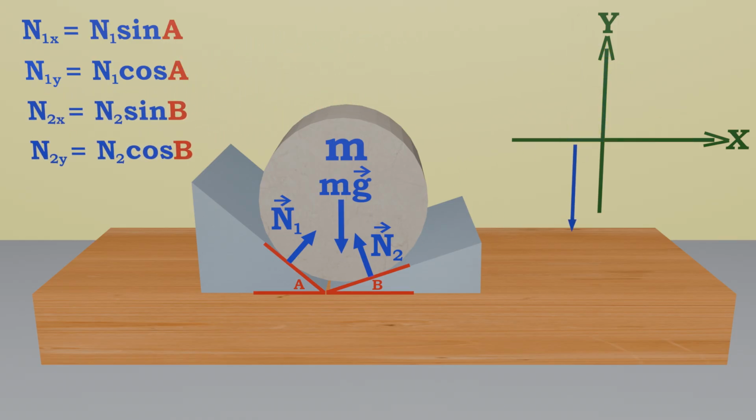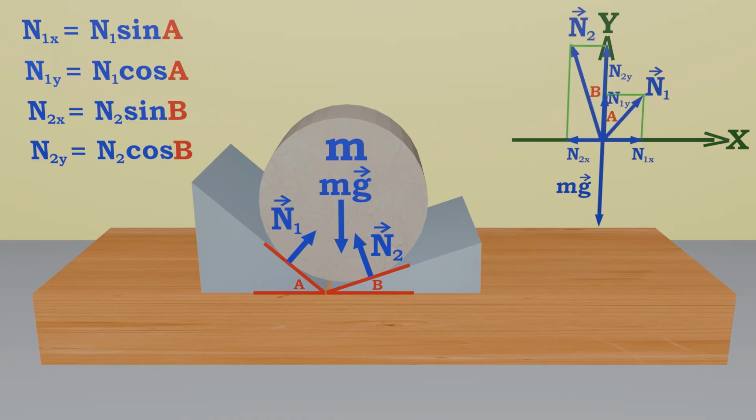The gravitational force mg acts along the y-axis, so the magnitude of its projection equals the magnitude of the vector itself. Now that we know the components of the forces along both axes, we can apply Newton's second law in scalar form to each axis separately.